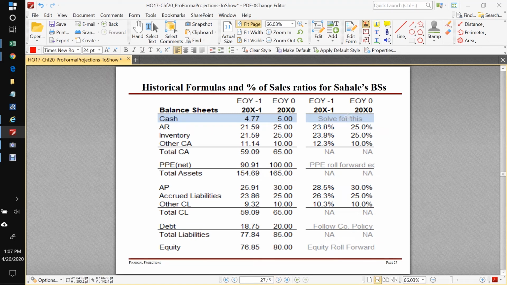Okay, so now let's do the same sort of thing for Sahali's balance sheets here. What I've got are the past 2 years' balance sheets. And over here for each of the 2 years, I've either got percent of sales or formula.